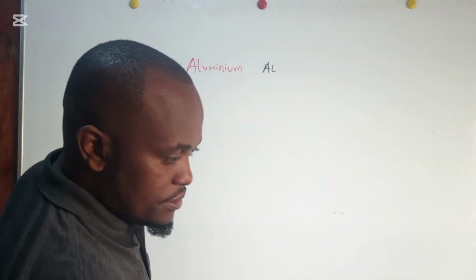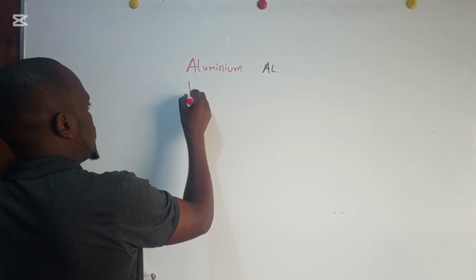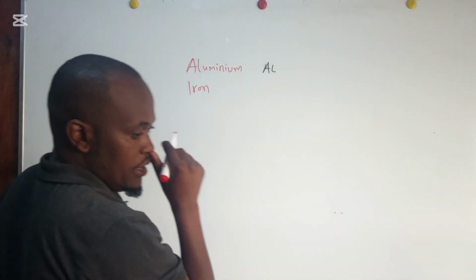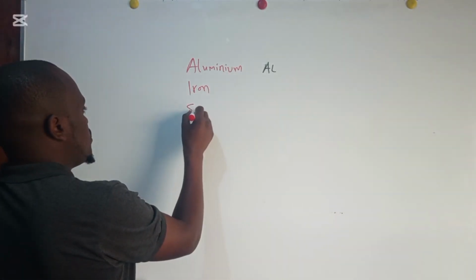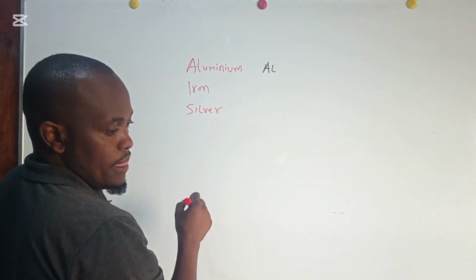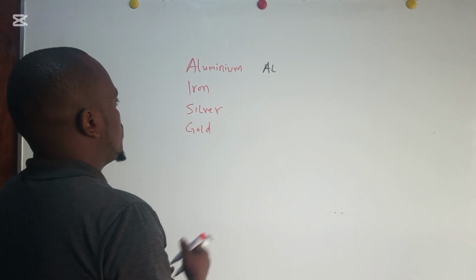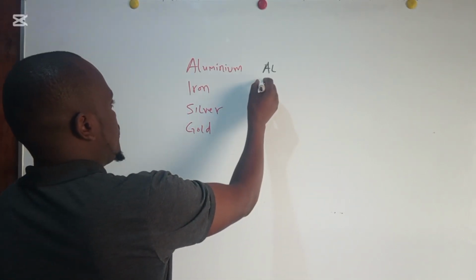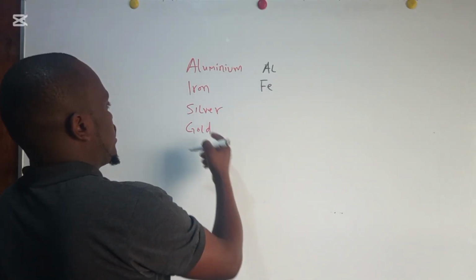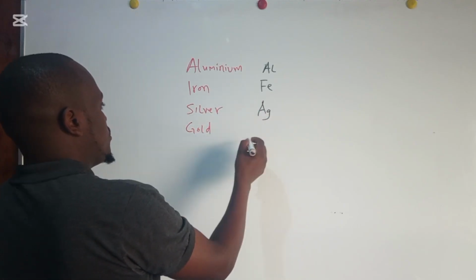We have the other one, iron. We also have silver, and we also have gold. The chemical symbol for iron is, the chemical symbol for silver is, the chemical symbol for gold is.